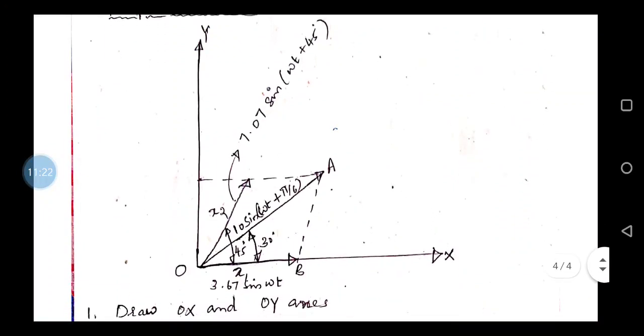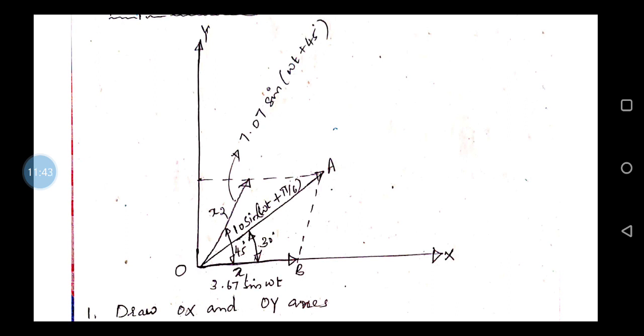Now let us discuss the graphical method. Whatever we have solved through the analytical method, the same has to be shown through the graphical method also. First, draw the axes OX and OY as shown in the figure. Now draw OA equal to 10 sine of omega t plus 30 degrees.